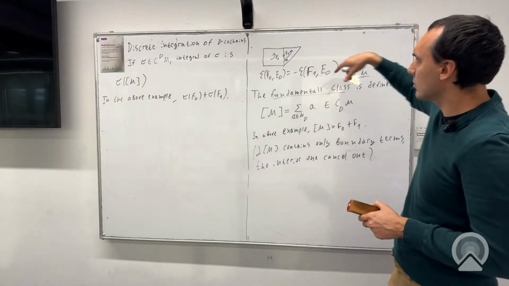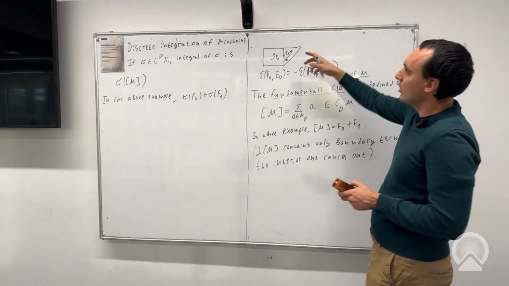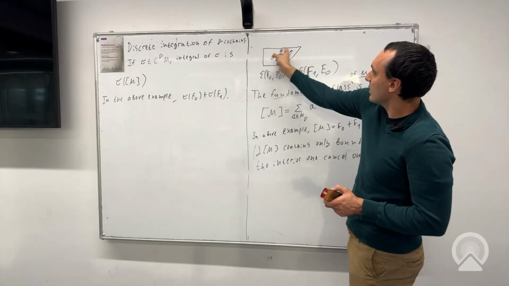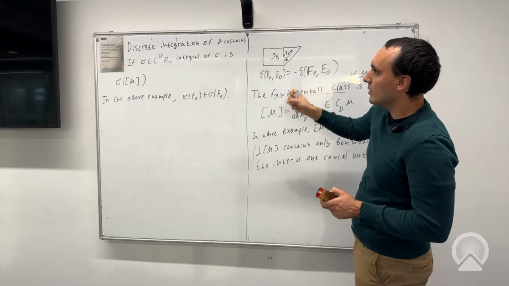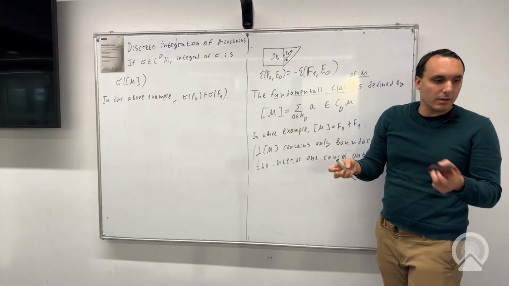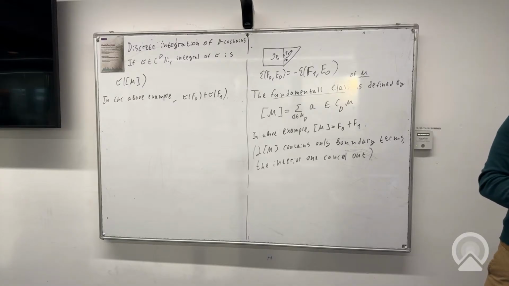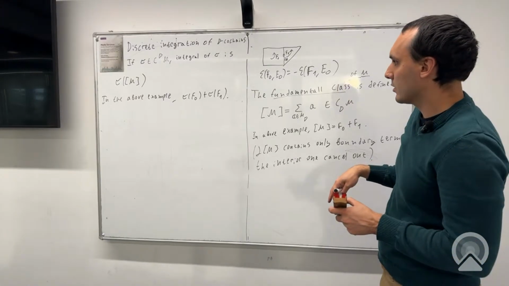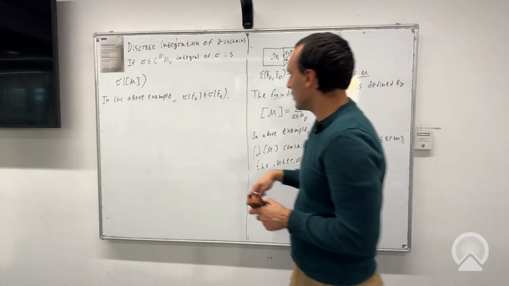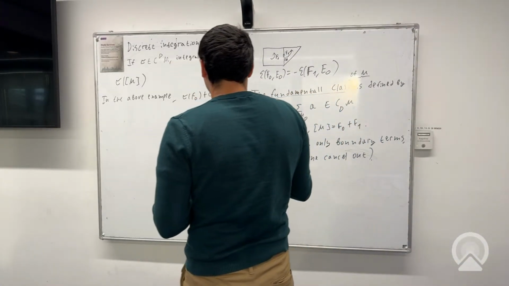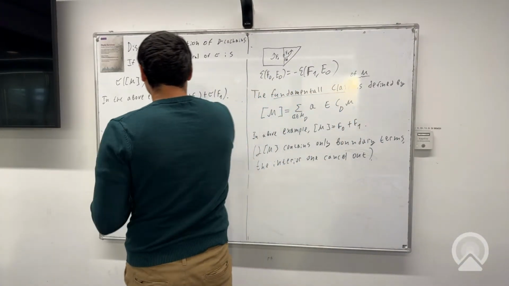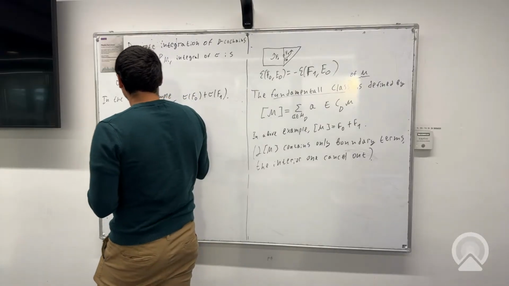I previously introduced the de Rham map, which just takes integrals over cells and sums them. The integration can be described with this discrete integration together with the de Rham map.